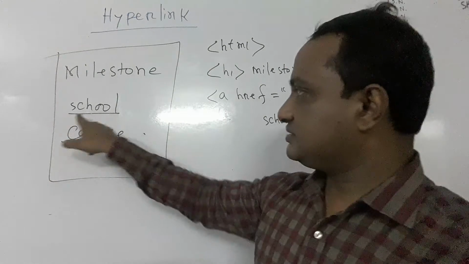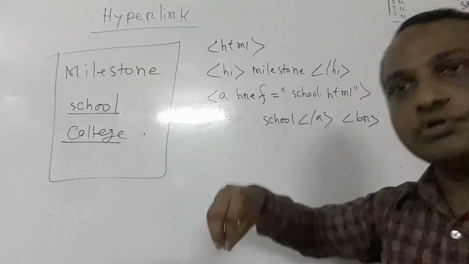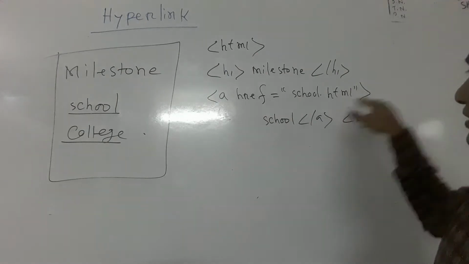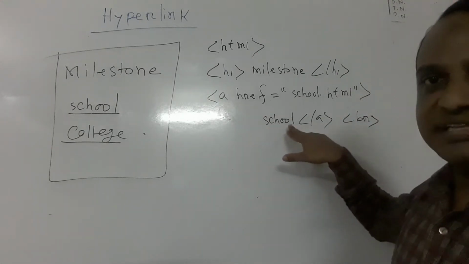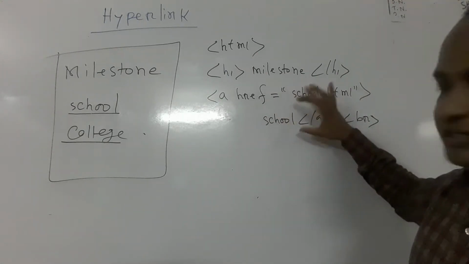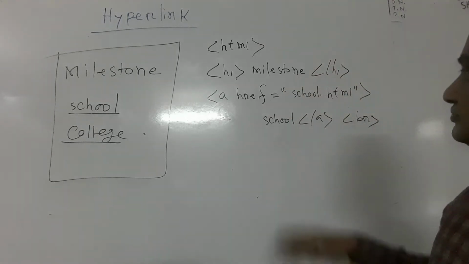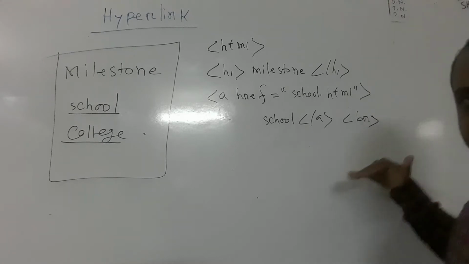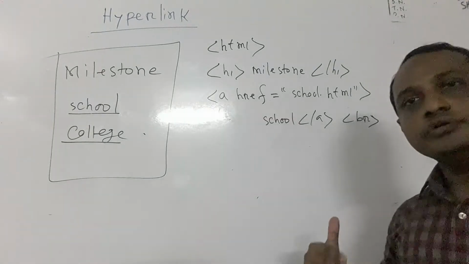Suppose my web page is school and its name is school.html. I write the address here and I write here school. This is the link. This is the output. It shows any output. And BR is used to go to the next line. BR means line break or go to new line.